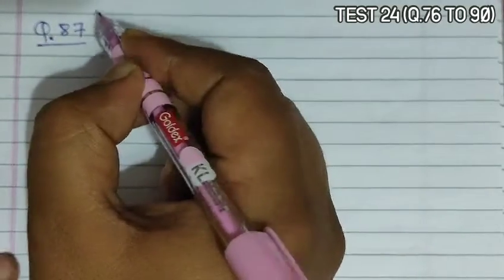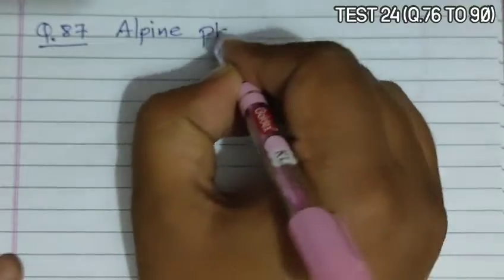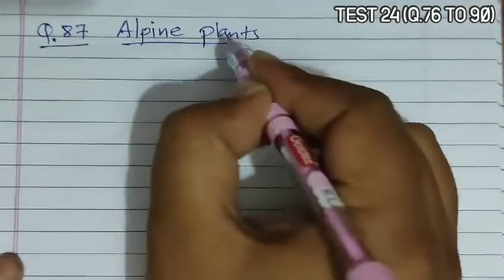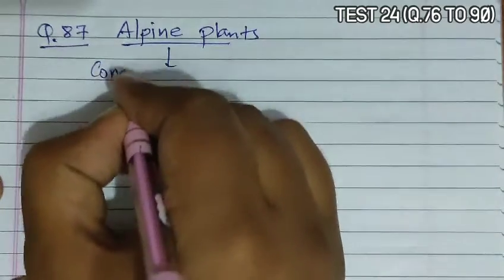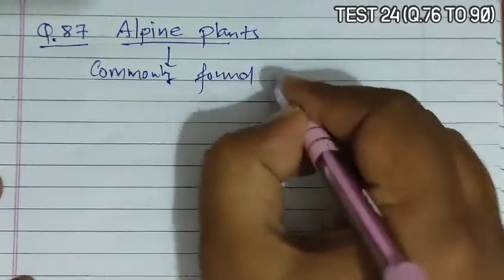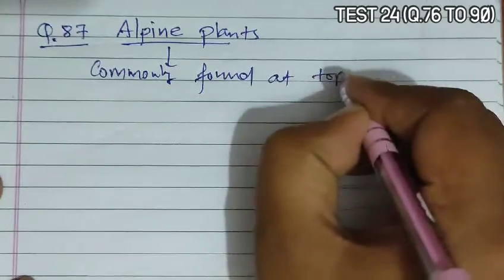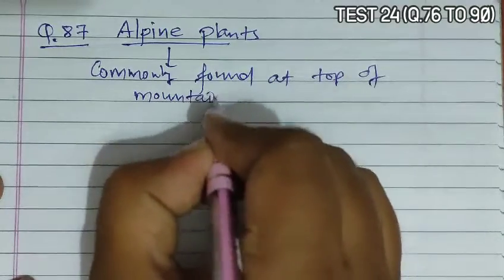Question 87 asks about alpine plants, which are commonly found at the top of mountains.